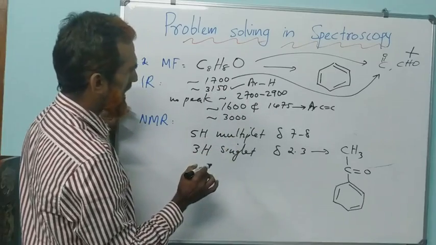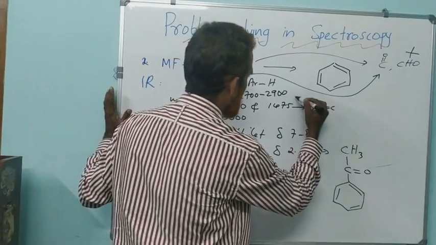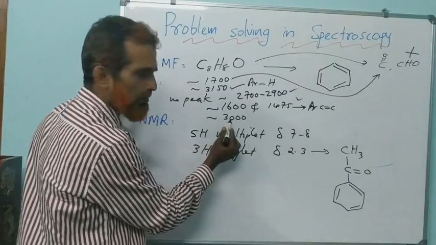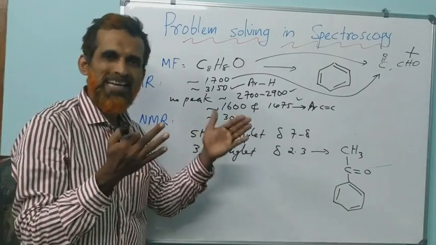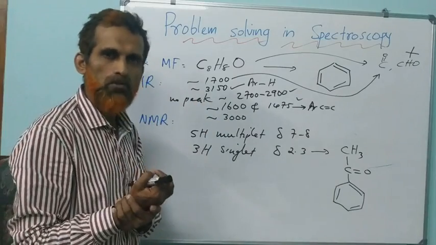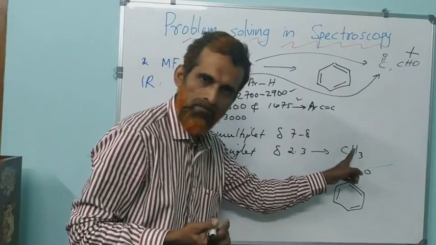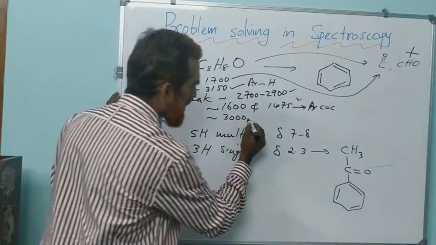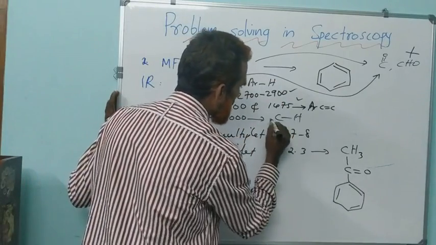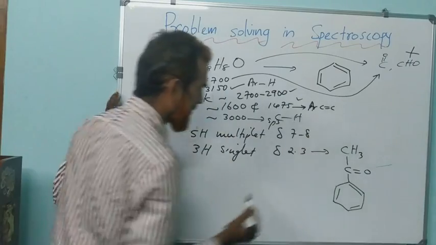Now let us complete the justification. This is explained. This is explained. What about this peak at 3000? Somewhere near 3000 or maybe just below 3000. That is due to the CH stretching of sp3 carbon, that is this methyl group.